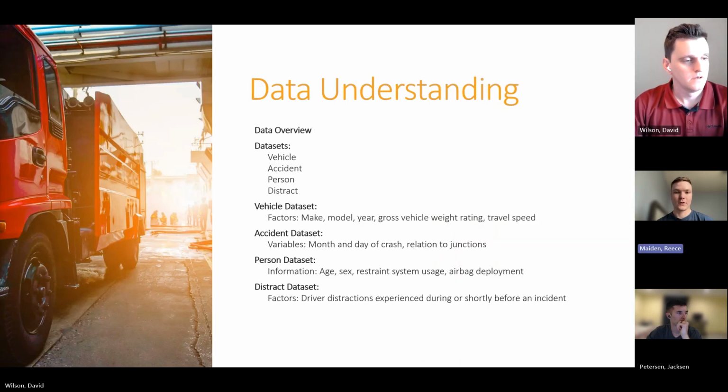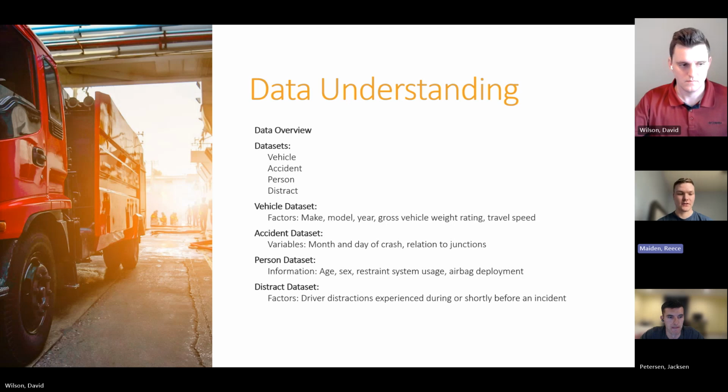We have four data sets in this study: the vehicle data set, accident data set, person data set, and distract data set. The vehicle, kind of self-explanatory, relates to the factors of a vehicle, such as make, model, year, or gross vehicle weight rating. The accident data set is specific to the accident, so it has month, day of crash, conditions, relation to junctions, or if it's on a highway or not.